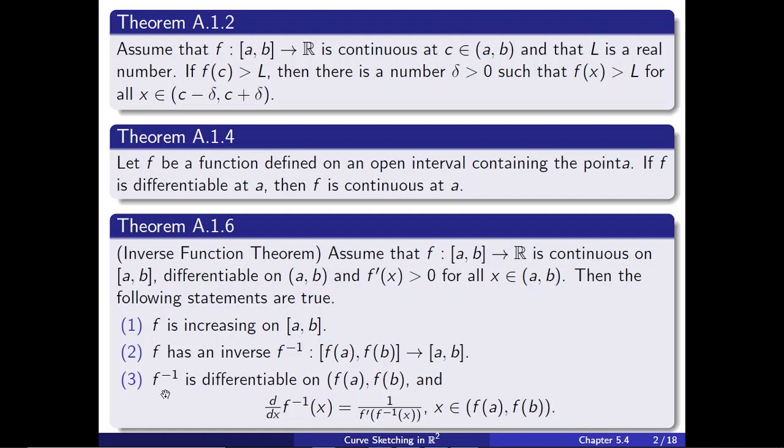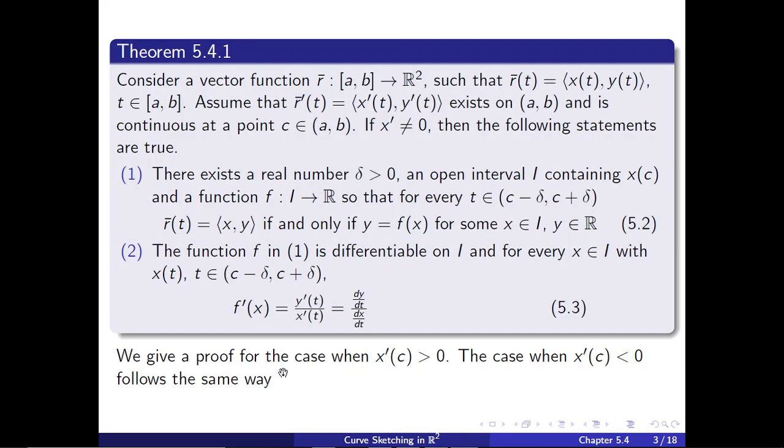Then f^(-1), the inverse of f, is differentiable on the open interval of the images of a and b, and the derivative of f^(-1) with respect to x is equal to 1 over f'(f^(-1)(x)). And this is the result that we are going to need, right?